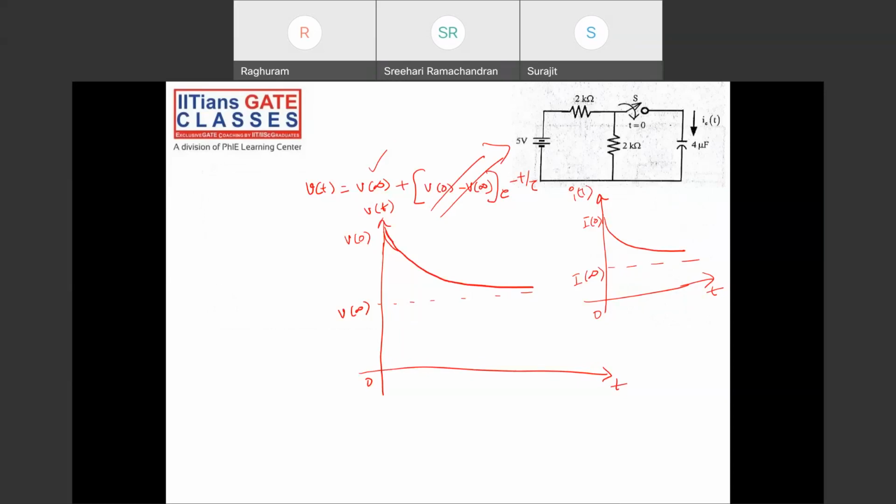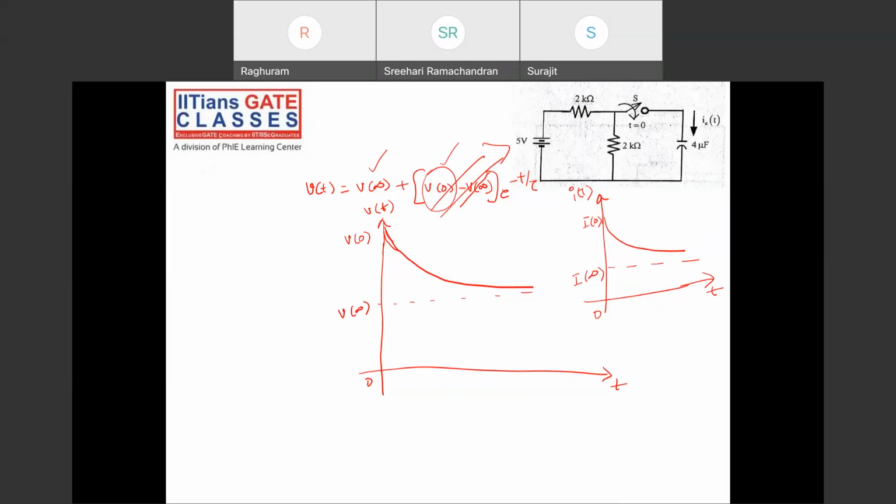At t equal to 0, e power minus 0 is 1, so minus V of infinity and plus V of infinity get cancelled, only V of 0 will be there. So it starts at V of 0, and at infinity it will be V of infinity.